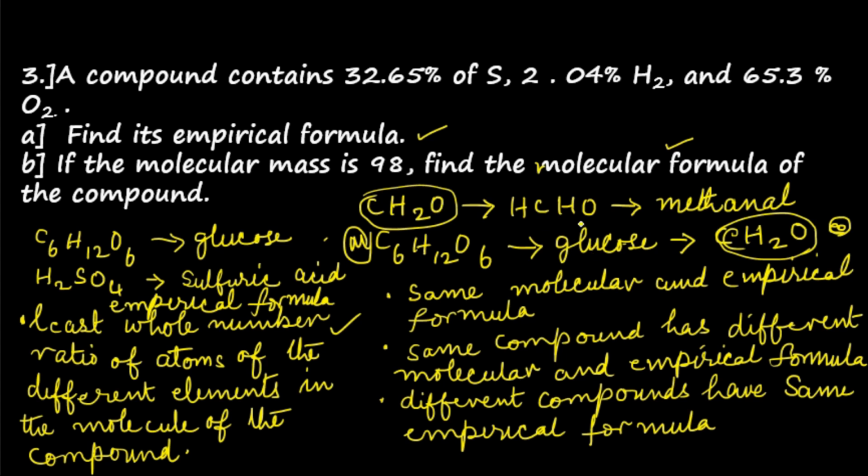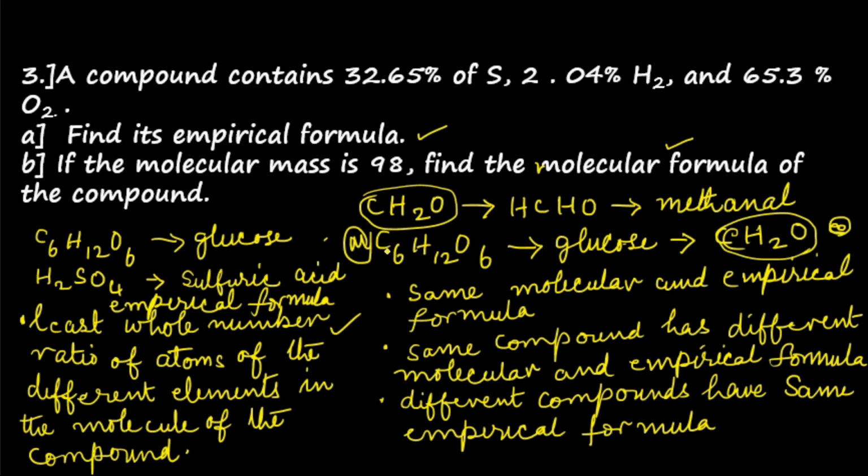Molecular formula of glucose is C6H12O6. We always calculate molecular mass from molecular formula and not from empirical formula. The molecular formula of the 2 compounds is different. Therefore, their molecular mass also will be different. The molecular mass of the different compounds having the same empirical formula will be different. That is another point to be noted.